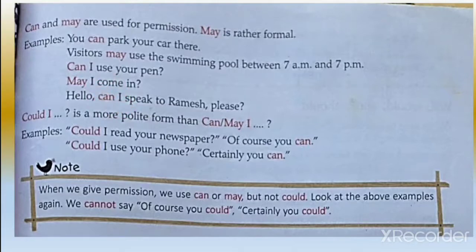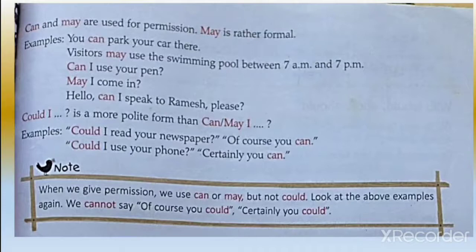So for can, don't be confused. Can is also used for being able to, for the ability or to know how to do something, and we can use can for permission also. But if you are asking permission very formally, that time you have to use may. May is more formal than can.